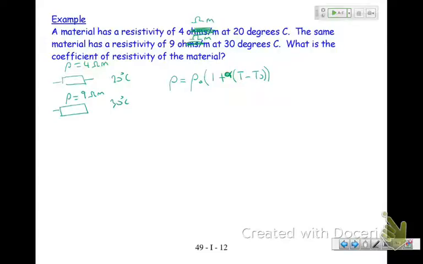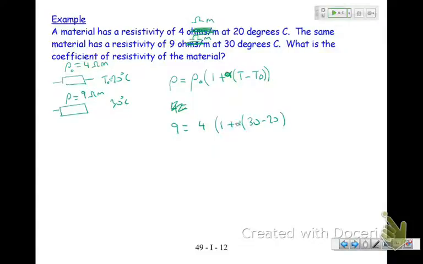So you've got to decide which is which on this. T0 is the one temperature, and rho 0 is the corresponding resistivity, and that's usually taken at 20 degrees. So this would be rho 0, and this would be T0. So we'd say 9 is equal to 4 times 1 plus alpha times 30 minus 20.